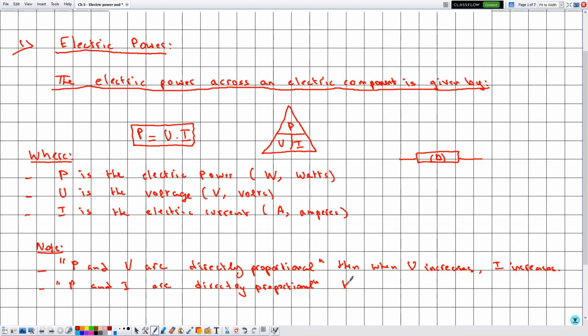And this means that when I increases, sorry, let me write P increases. P increases, and this is because they are directly proportional.